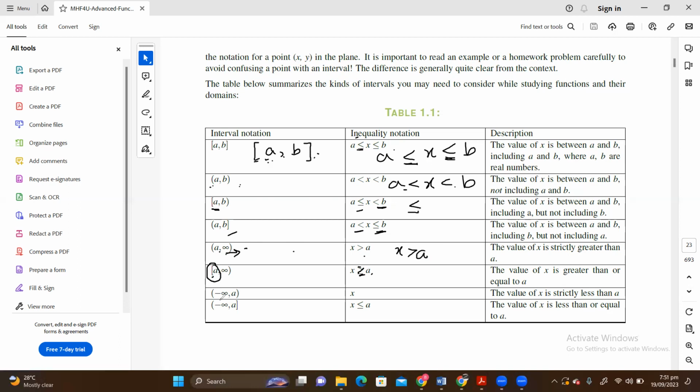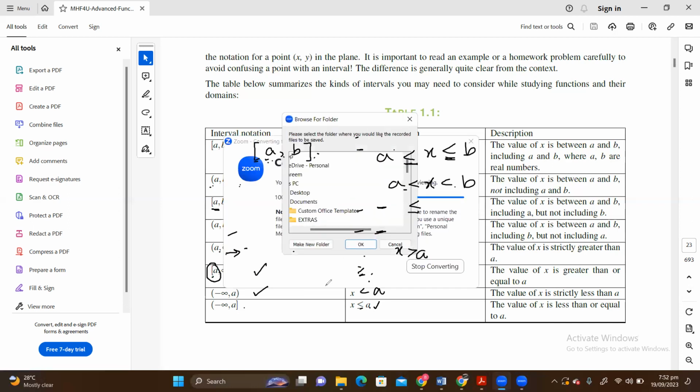Similarly, why is it x greater than a? Because it's going towards positive infinity. If it goes towards negative infinity, then it is less than or equal to a, or less than a. For positive, you need to write greater than. For negative, you need to write less than. Okay, got it.